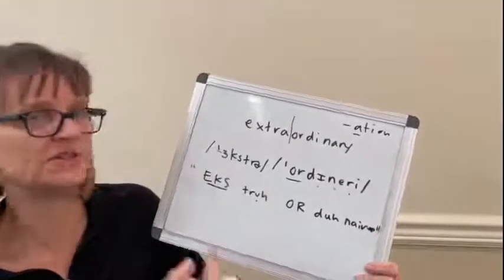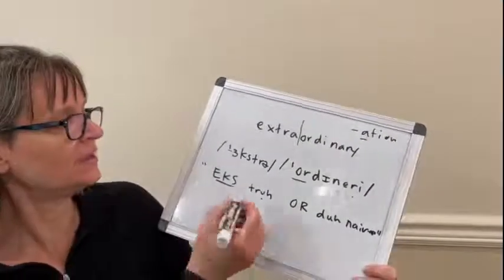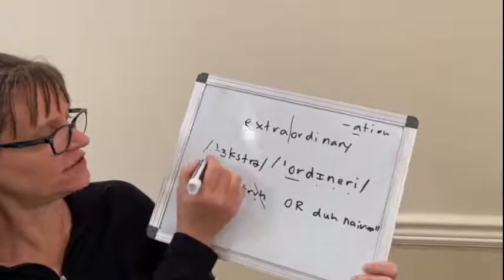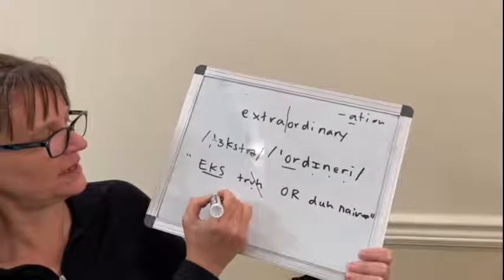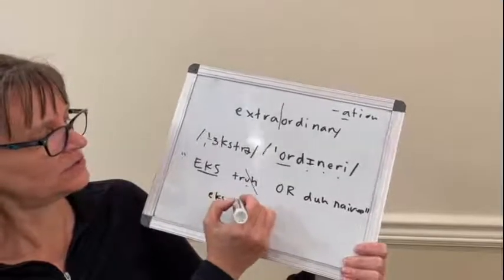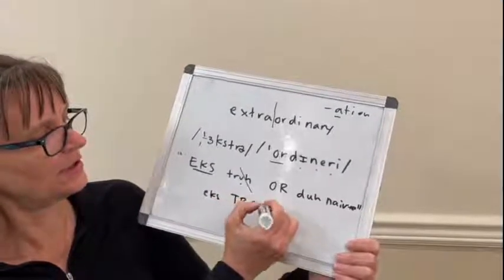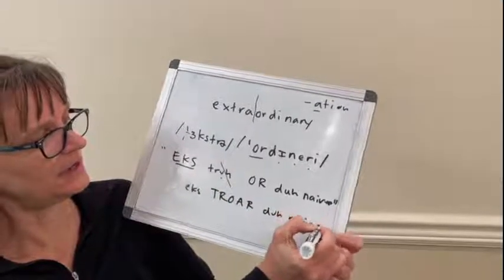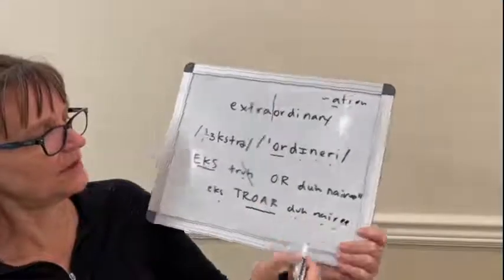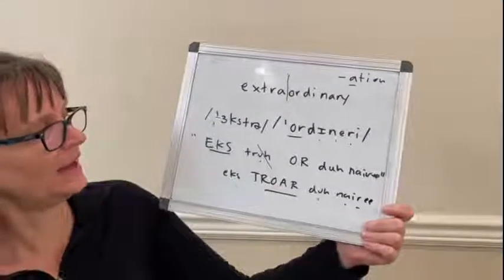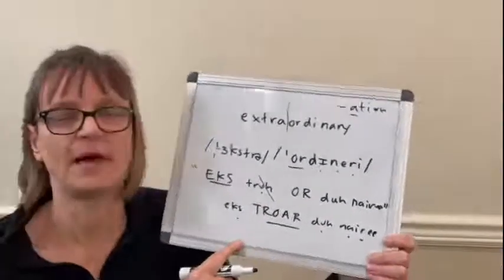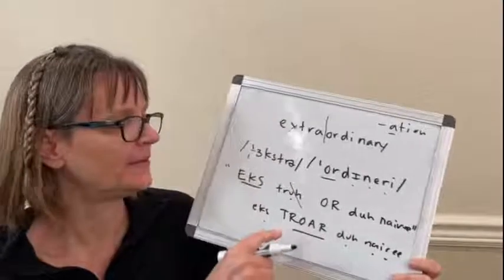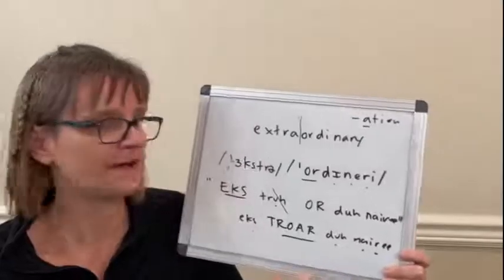More typical would be to say extraordinary, where we get rid of this, we have secondary stress here on the X. So it would be extraordinary. That might be harder for you because there you have to do the tror or roar, the R with an or after it.